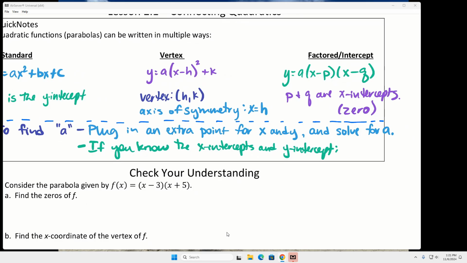And I honestly didn't know this formula until last year, but it's really handy to find A. So A is going to be equal to a fraction.